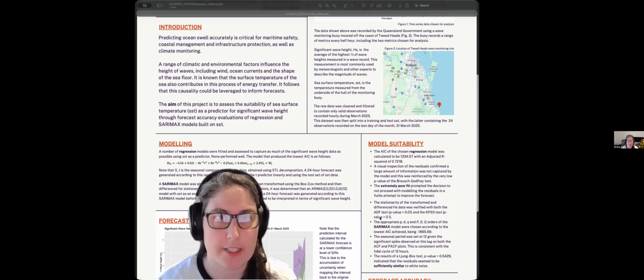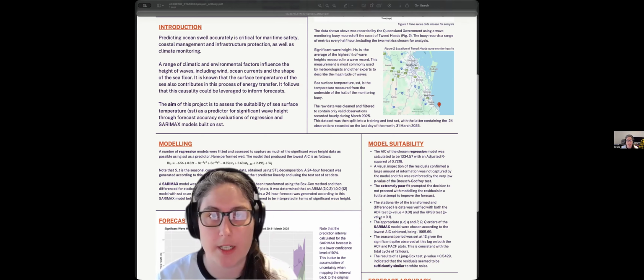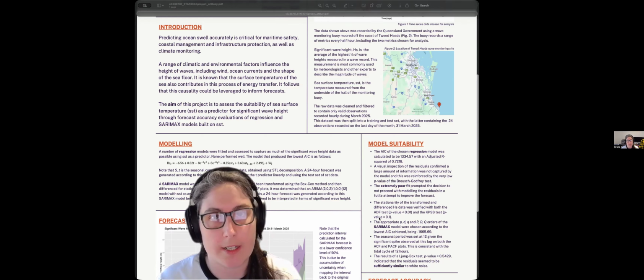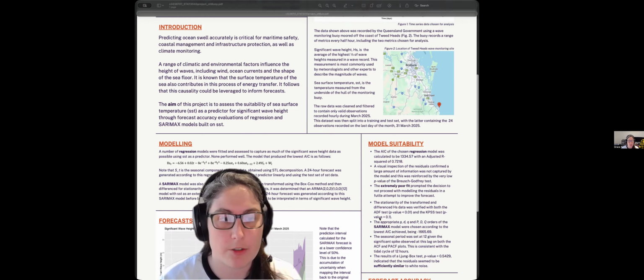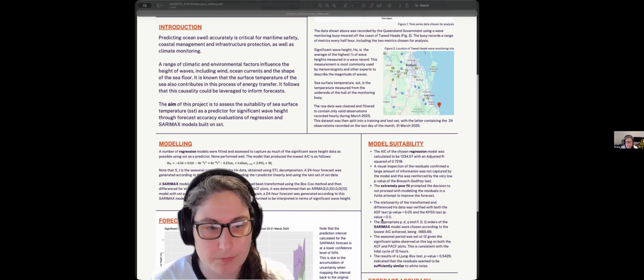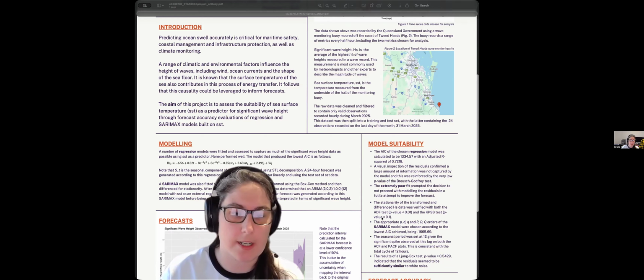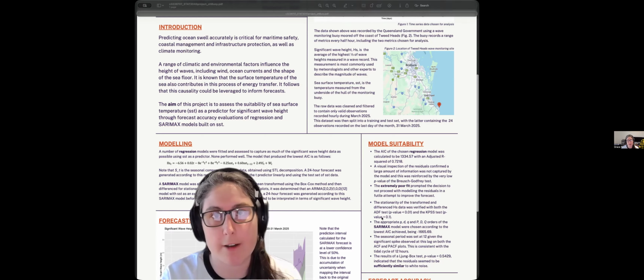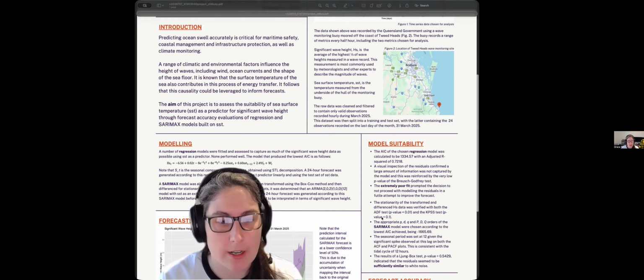In order to select appropriate PDQ orders for the SARIMAX model, I again tried to minimize the AIC, as well as starting from initially good guesses that were informed by looking at the ACF and the PACF plot.